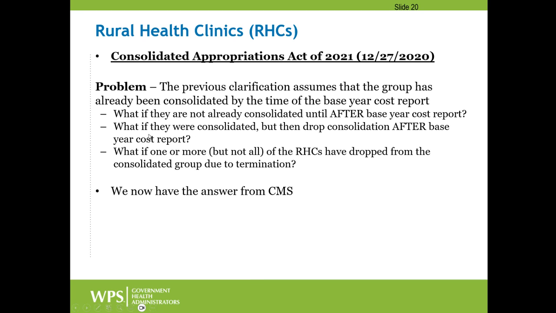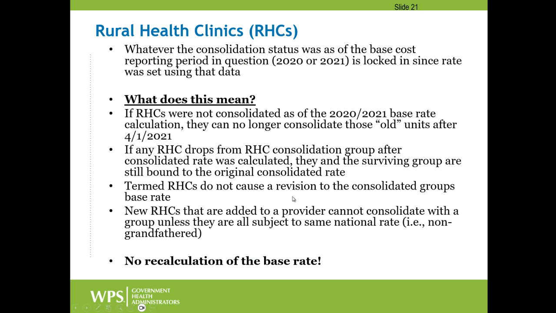We've also found situations where they were consolidated, but then they've dropped consolidation after the base year cost report. Or there might be a change in the group altogether, and it's usually due to termination. It's not going to be due to a new RHC coming into that group, and we'll see why in just a bit. So that was the problem, and we've received an answer from CMS.